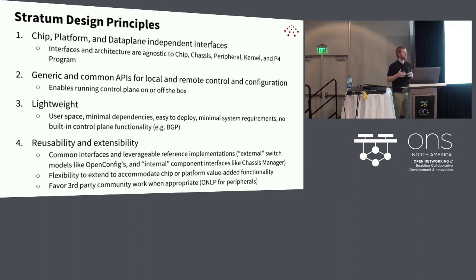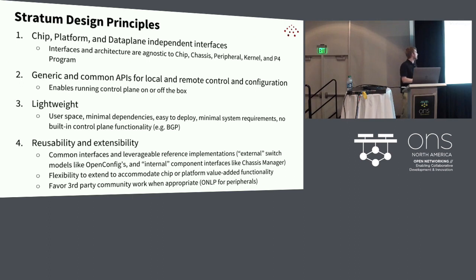So we wanted to be able to locate pieces of your control and management plane off the box. What feeds into that is also having a lightweight system, having something on the box that has a minimal set of dependencies, is easy to deploy, a minimal set of system requirements, so you don't have to require a lot of the CPU cycles to get things up and running.